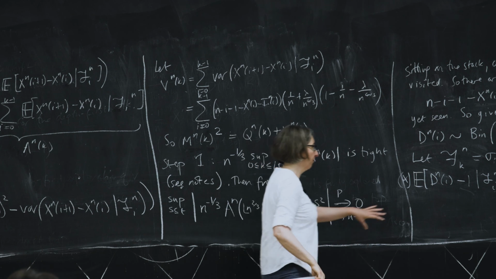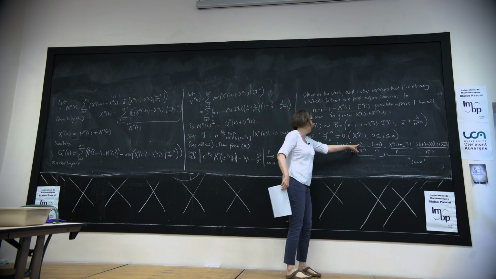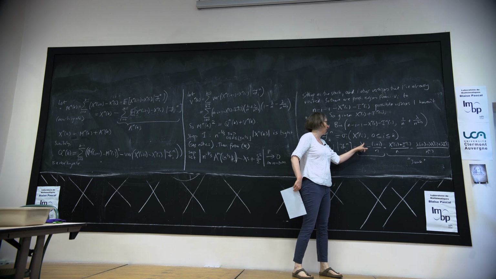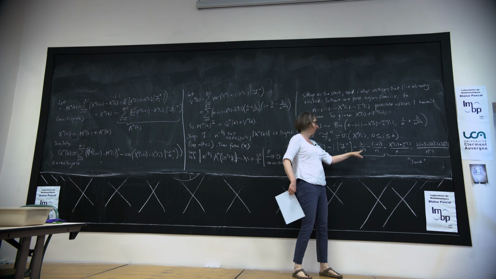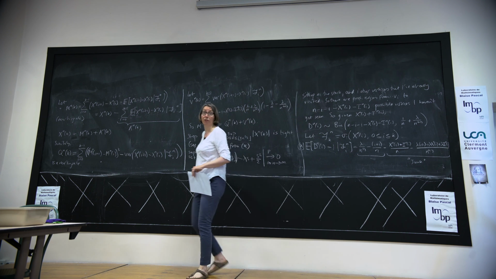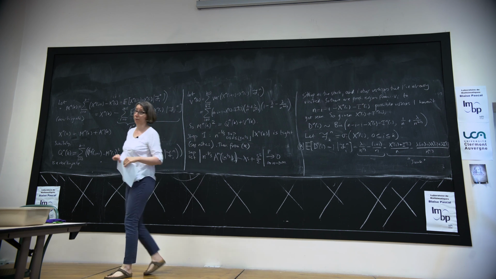Okay, so that's just making formal what I said here. If I integrate this bit, that's giving me lambda times, so I get n to the 2/3 times t, divided by n to the 1/3 here, and another n to the 1/3 here, and that really is giving me a lambda t, and so on and so forth.